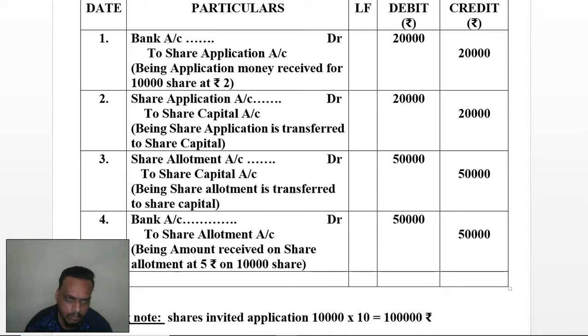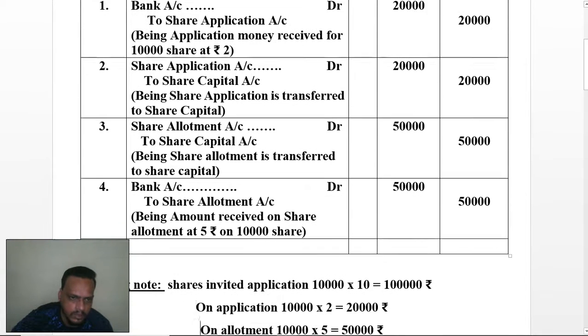First you received money and then you transferred that share application after accepting that application. Then you asked for money as due, and then after receiving you entered the fourth entry. Now we are going with the fifth entry.